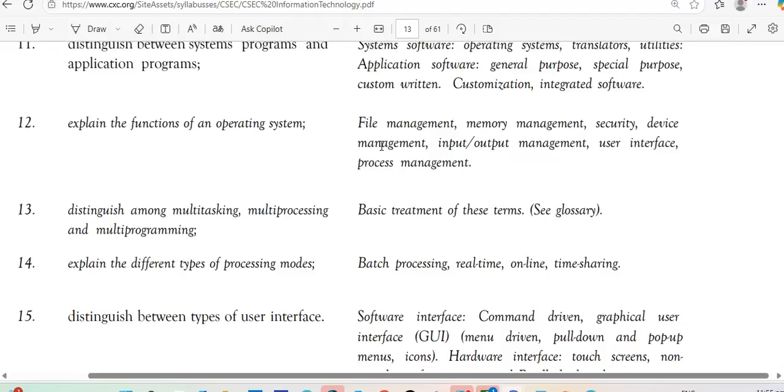Another example would be a user logging into their computer using a username and password. The operating system authenticates the user and grants access to their files and applications based on their permissions.